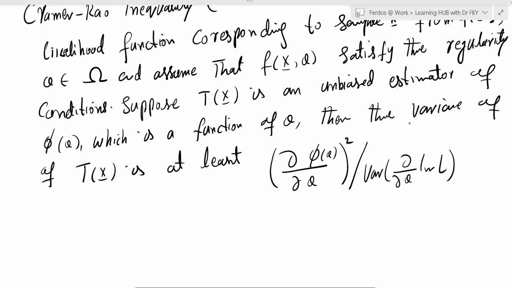So the variance of this estimator T of x is at least this one. At least means this is the lower bound. So we need to prove this.